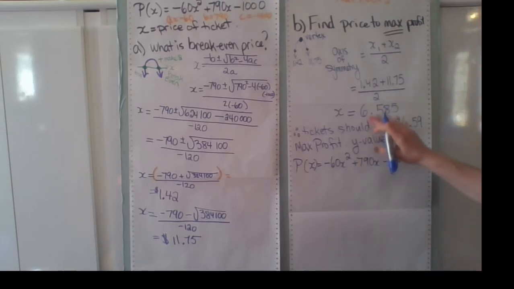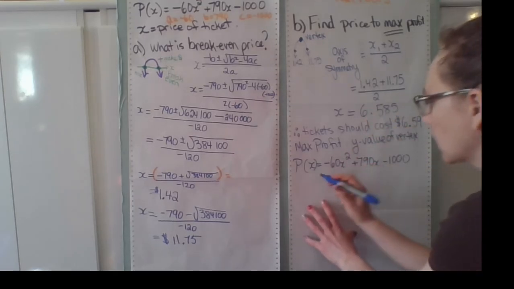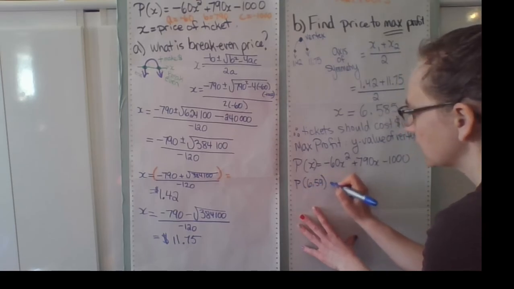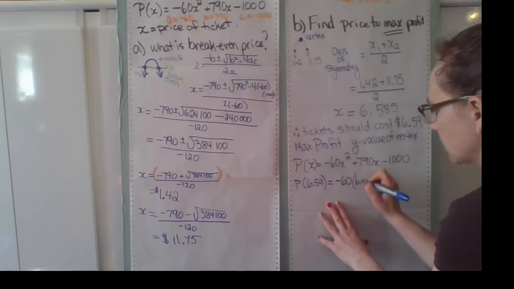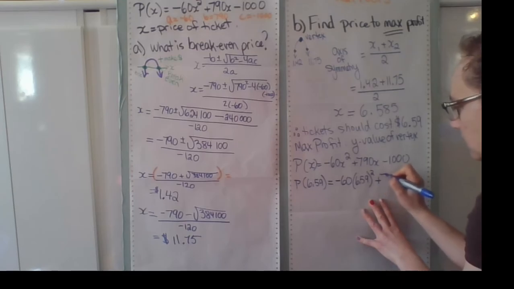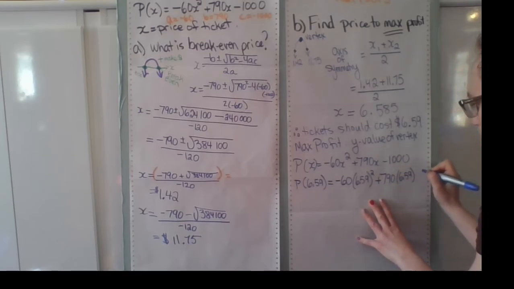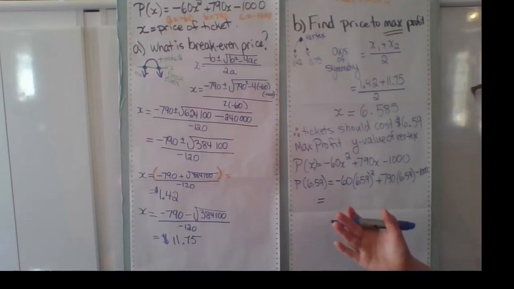We just have to stick in this $6.59 to find our answer. So we want our profit at $6.59, which equals negative 60 times (6.59) squared plus 790 times 6.59 minus 1,000. That minus 1,000, maybe that's the cost of the DJ or something. Okay, throw that in your calculator.